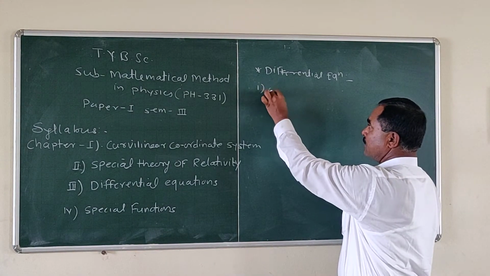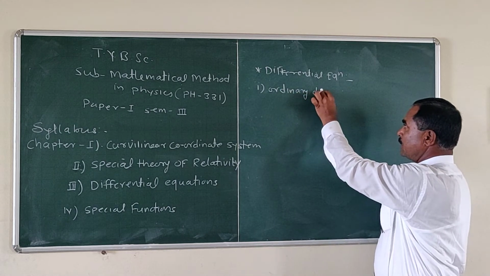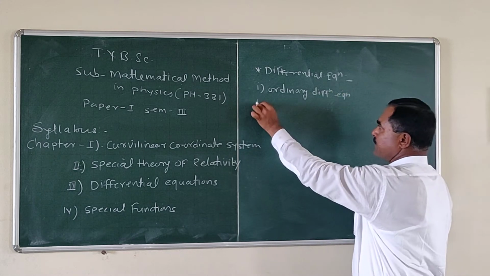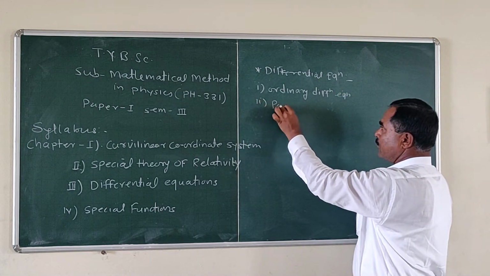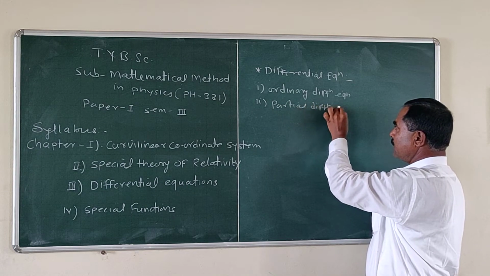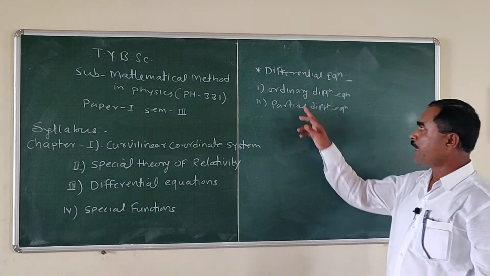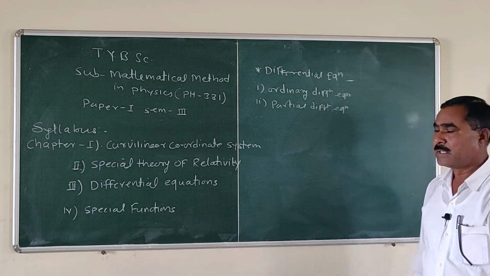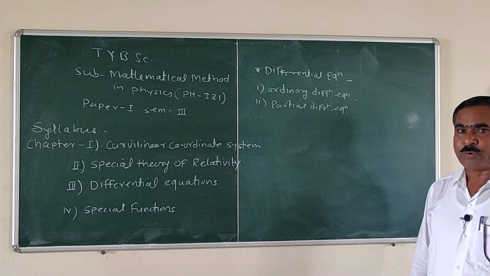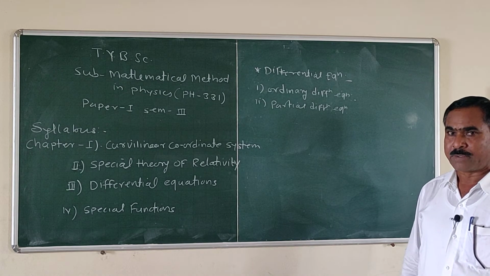First is the ordinary differential equation, and second is the partial differential equation. First we define what is meant by an ordinary differential equation. An ordinary differential equation means a differential equation in which there is involved only one independent variable.